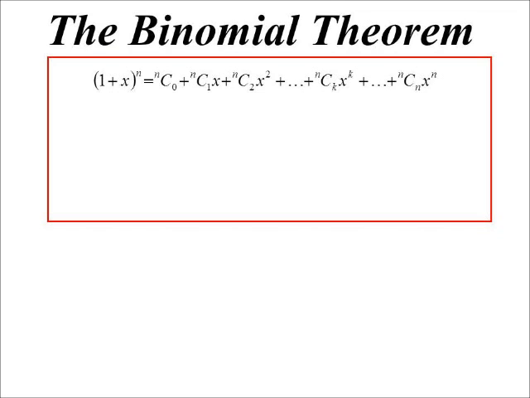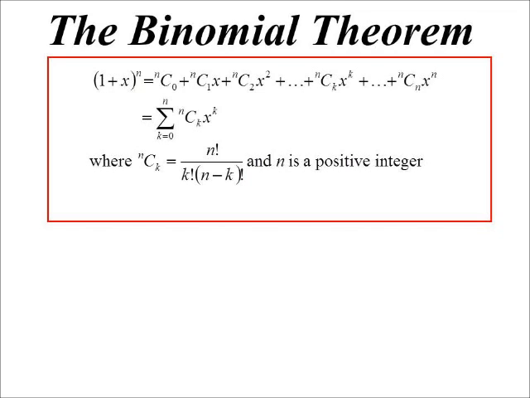In some notation, we could write that as the sum from k equals 0 to n, and the general term would be nCk x to the power of k. So it is like a series. And nCk is defined, as we just saw, n factorial on k factorial, (n minus k) factorial.